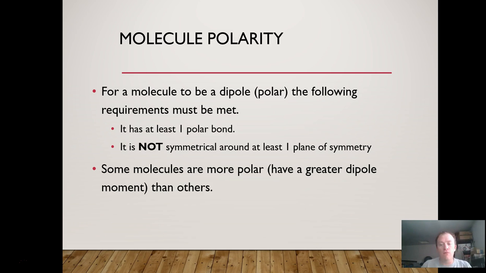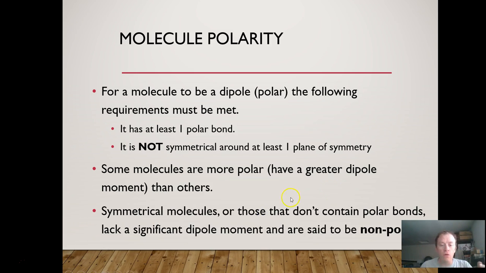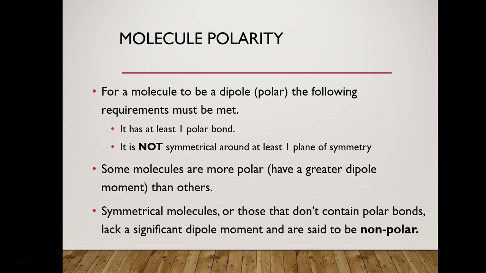Some molecules are more polar than others, or you might say have a greater dipole moment than others. And some molecules have no dipole moment at all. Some molecules are not polar at all. They have no dipole moment, and we call those nonpolar.